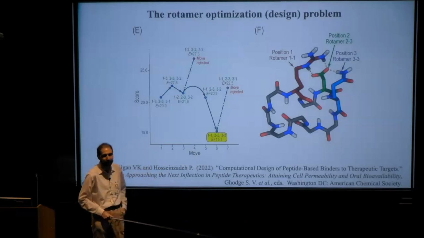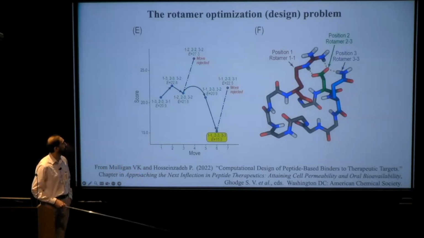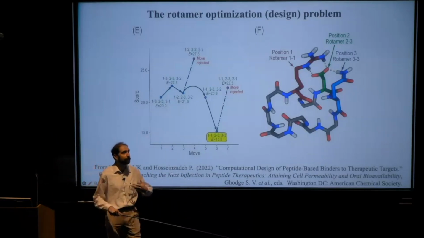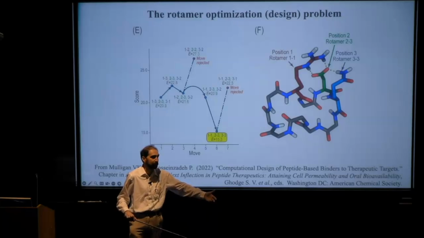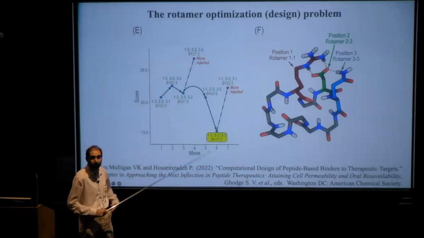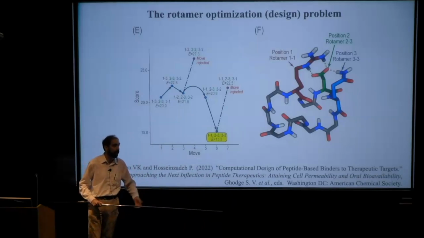So we can't do this exhaustively, which means we fall back on the old tried and true Monte Carlo. In this case, we're using Monte Carlo not to generate physical distributions of states, but just as a convenient means of optimizing, of sampling the space and finding a fairly low energy solution. This is not guaranteed to converge to the global optimum, but as long as it converges to something near the global optimum, we're happy.